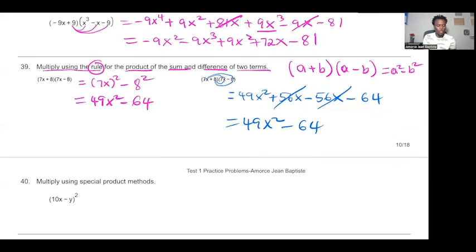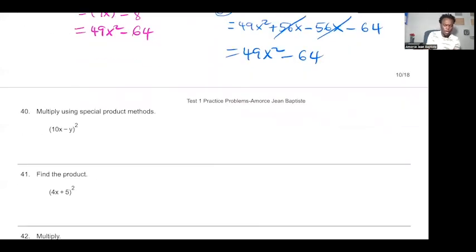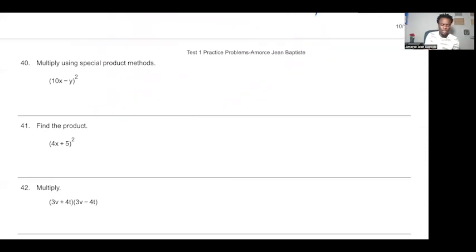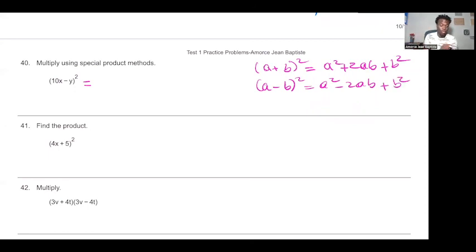Now this one, you can use the FOIL method, but there is a formula that says if I have A plus B squared, it equals A squared plus 2AB plus B squared, or if it's a negative sign, A minus B squared equals A squared minus 2AB plus B squared. But if you don't remember that, I don't want you to force your brain to remember. Just do FOIL here.